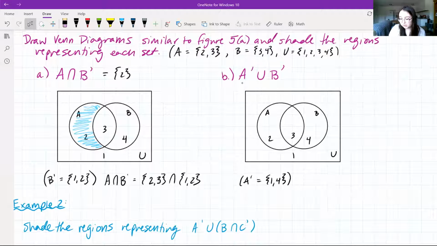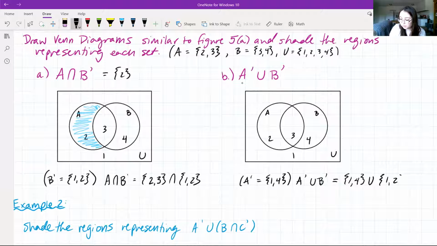So if we say A prime union B prime, and remember that union is any value that's in one or the other or both, so all 3. So we take A prime union B prime, and we know A prime is 1 and 4, and B prime is 1 and 2. So if we're finding the union, it's going to be whatever's in set A, whatever's in set B, and whatever values that they share.